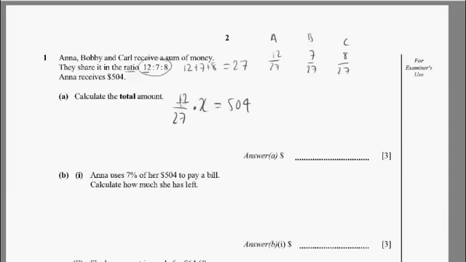If she's receiving 12/27ths of this unknown amount, and that happens to equal 504, we have to solve for x. So using your calculator, the answer would be $1,134.